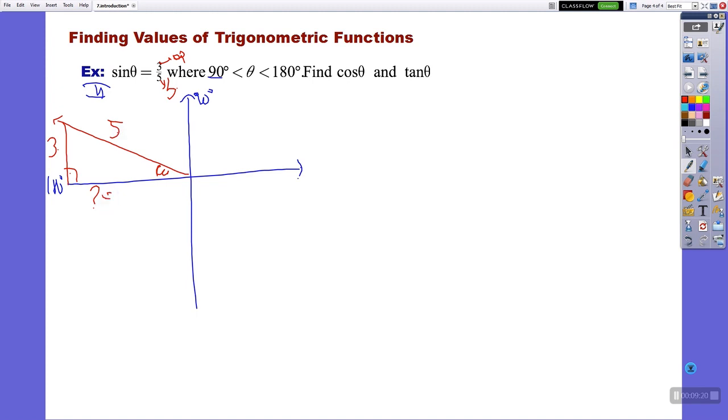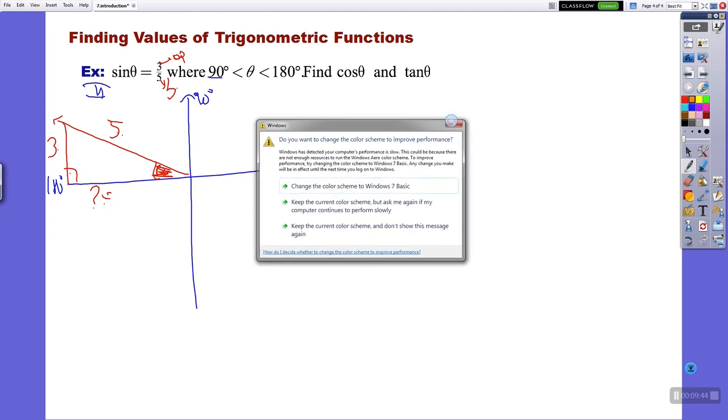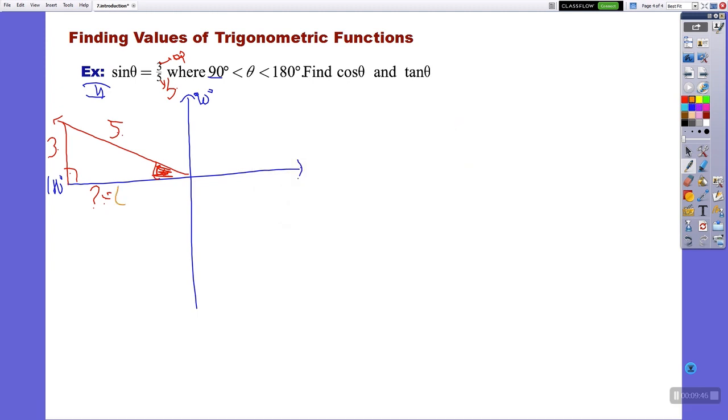You can find it easily by using the Pythagorean theorem. So 5 squared equals 3 squared plus x squared. Or you can recognize the special triangle here, 3, 4, 5. If you know it by heart, you can use it. If you don't know, use the Pythagorean theorem. Here it is 4.